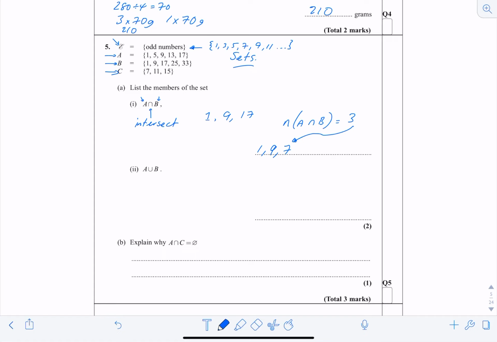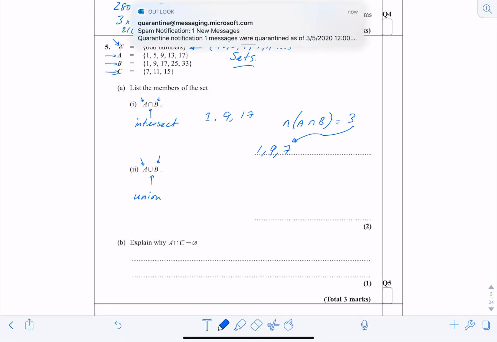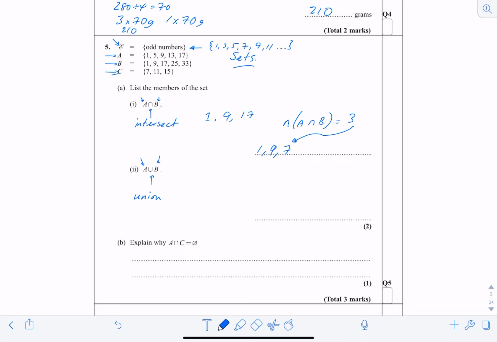So next one, A union B means anything that is in A or in B. Okay, so if it's in A, it's good. If it's in B, we're good. So what are we going to get? We're going to get everything. We're going to get 1. Now we don't have to list 1 twice because it is in both sets, right?